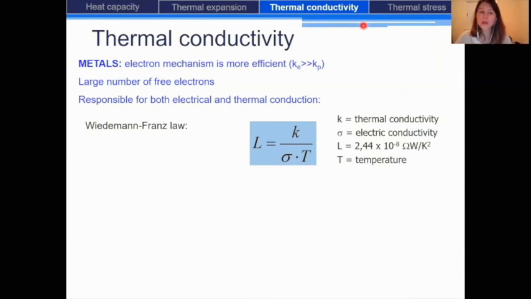And so we have this Wiedemann-Franz law that relates the thermal conductivity K with the electric conductivity sigma. L is a constant and T is the temperature. So we have this law that relates both electrical and thermal conductivity in metals.